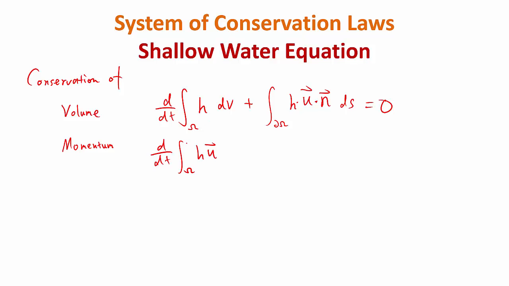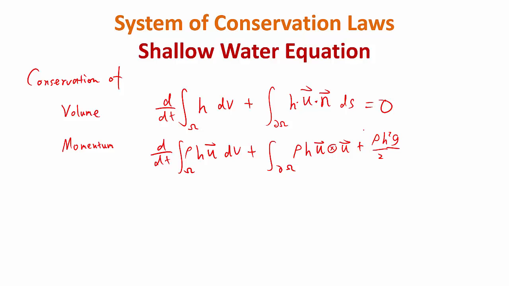Of course, the density is a constant, dv is equal to the momentum flux, which is rho h u tensor product with u, and also plus the gravity force along the control volume, which is half of rho h squared times g.